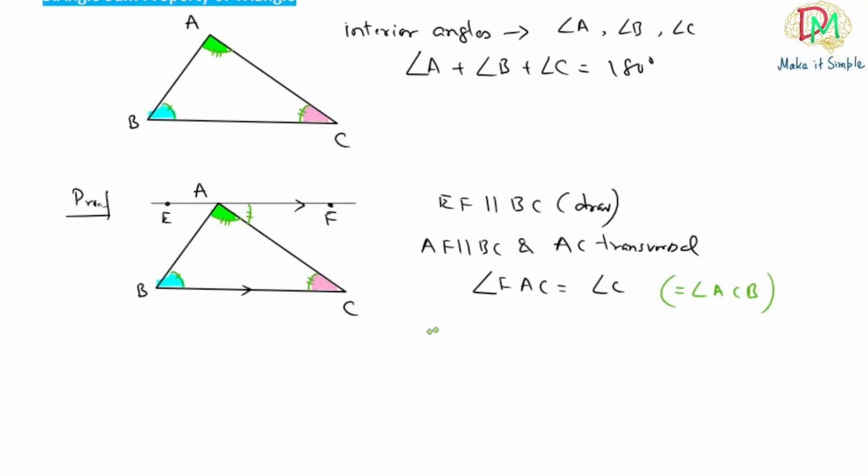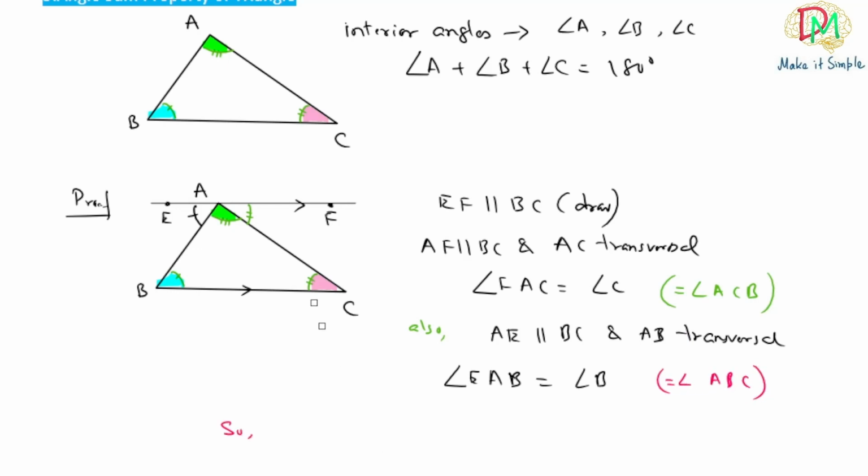And also AE is parallel to BC and AB is a transversal, so angle EAB is equal to angle B. Again this B is how much?